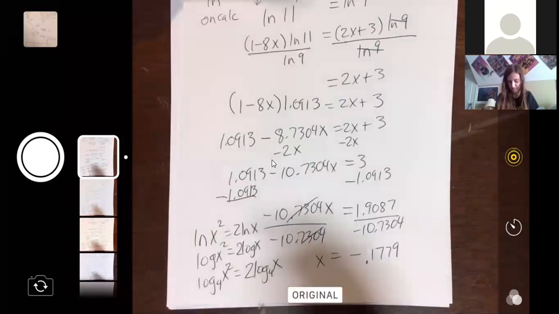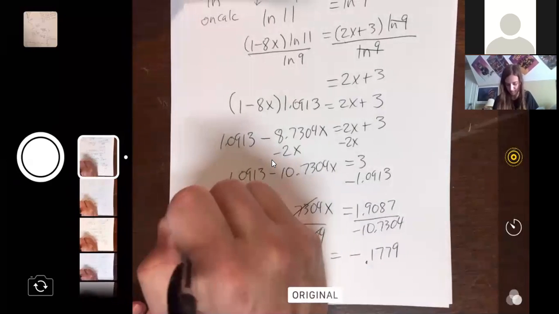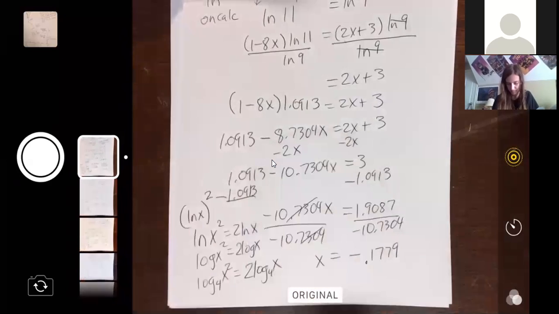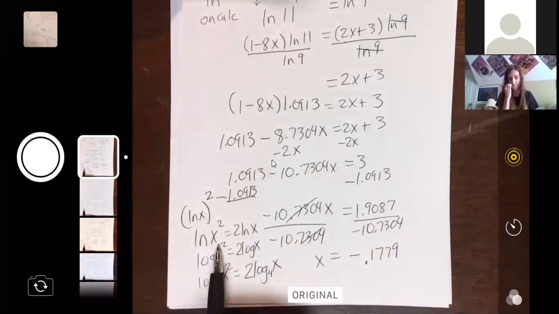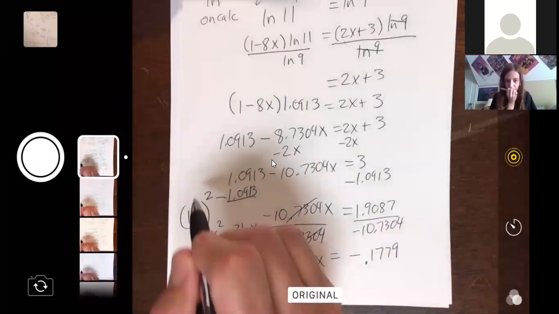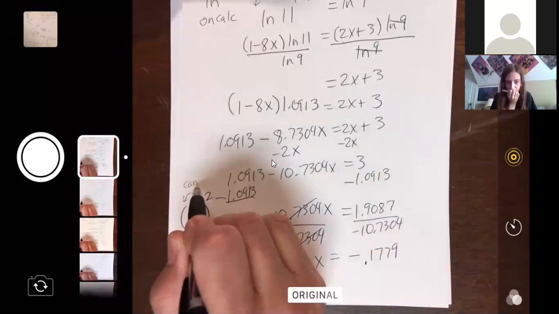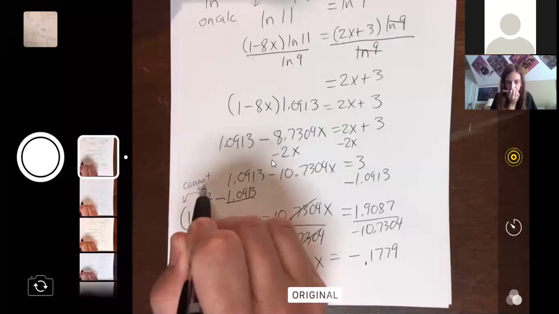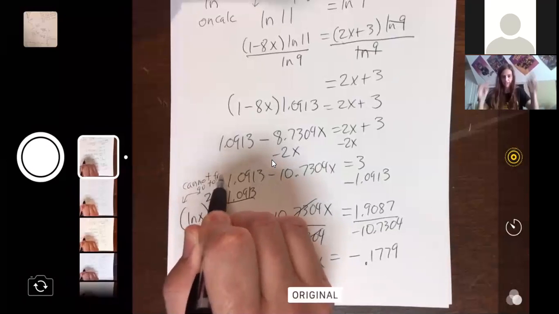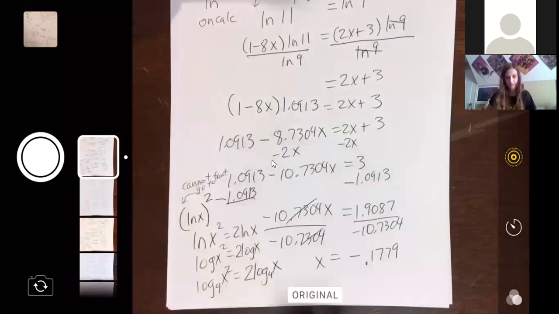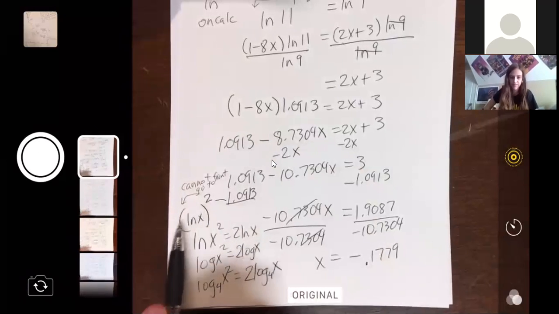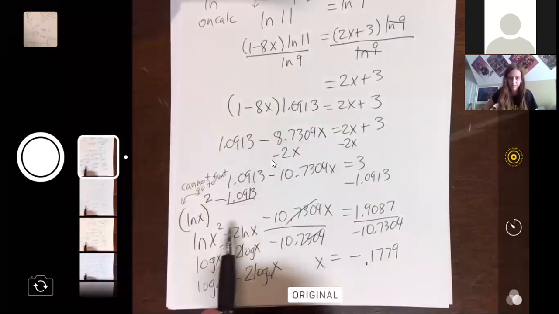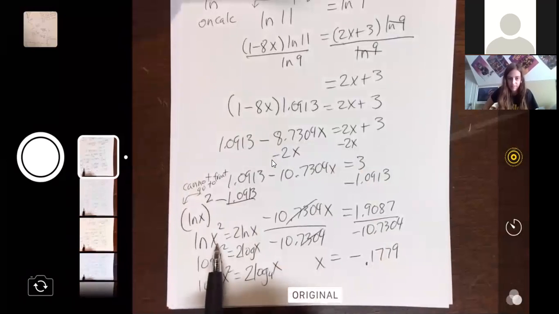Now, do not confuse this with log of x and they put a squared here. This is different from this. This 2 cannot go to the front, because it's outside. You get the difference? It's the difference between the square being on the entire log versus just on the argument.